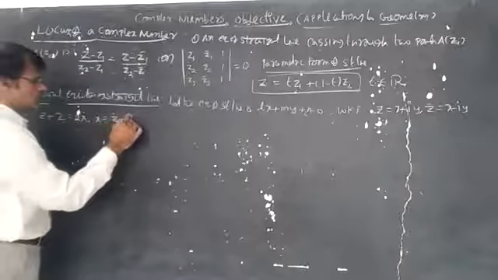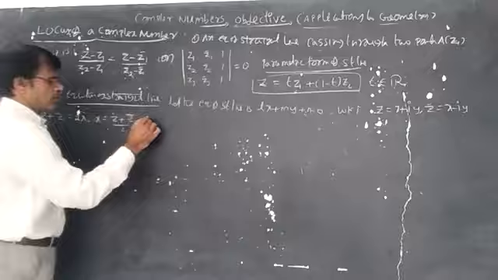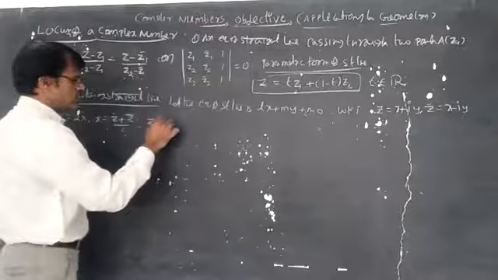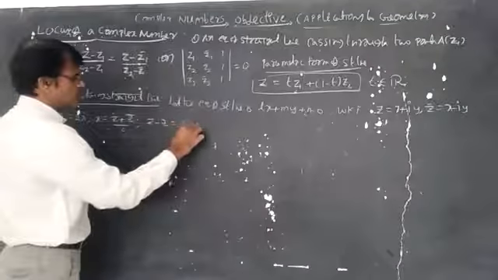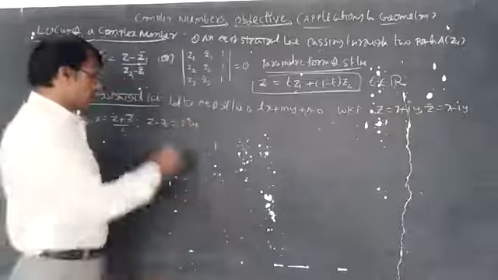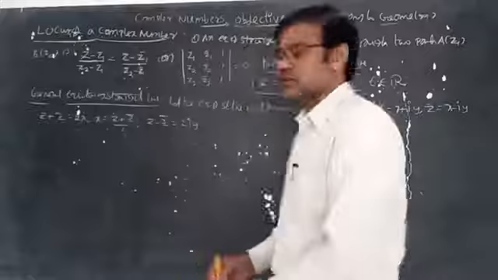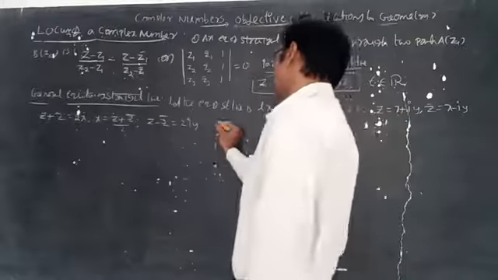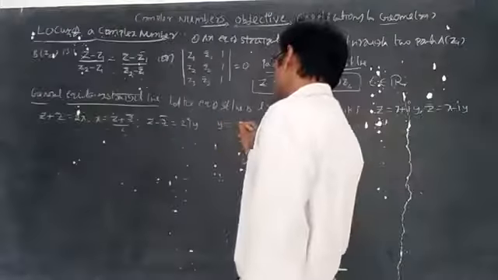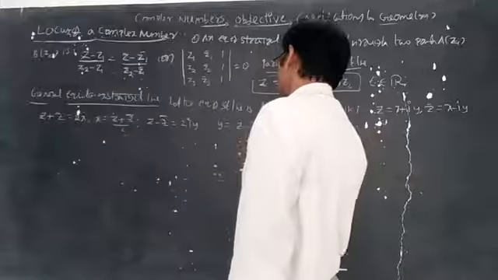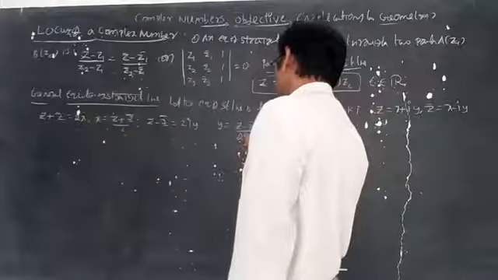Now z minus z bar becomes 2iy, because x plus iy minus x plus iy is 2iy. Now y I am writing as (z minus z bar) by 2i.